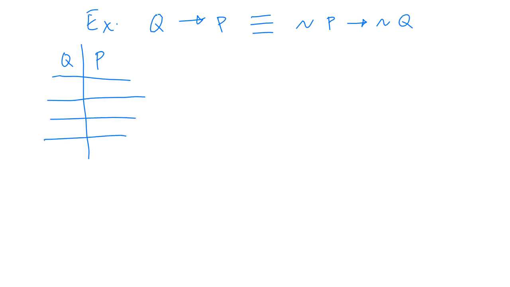So you have four, and create the truth table by the alternating values here. The second column alternates, and the first column, first two T's, and then two F's.